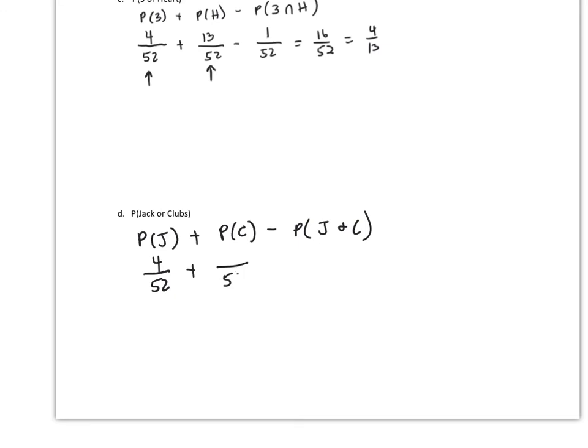There's 52 there, and there's 13 of them. How about probability of a jack and club? There's 1 of them in there. Once again, one of these jacks was a club. One of these clubs was a jack. So that's going to give you 16 over 52, which is 4 over 13.